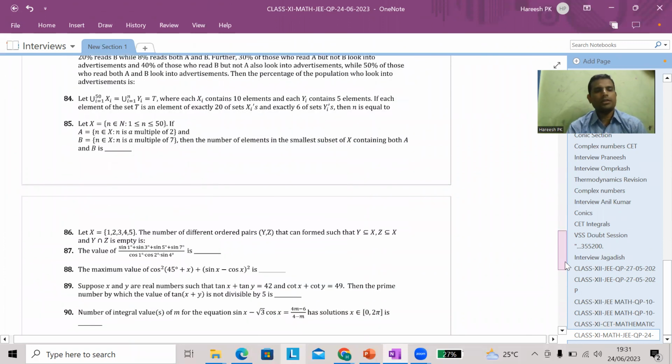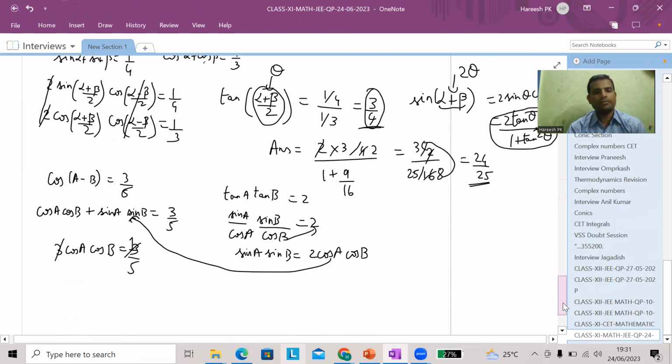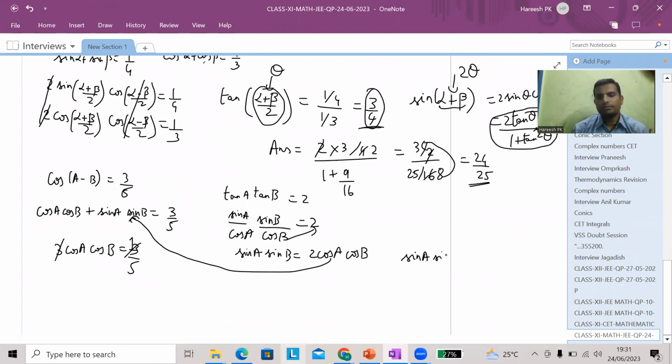Now, if cos a into cos b is 1 by 5, I know that sin a into sin b will be how much? 2 by 5. So sin a into sin b is 2 by 5.